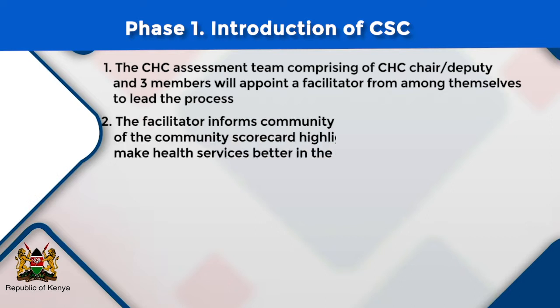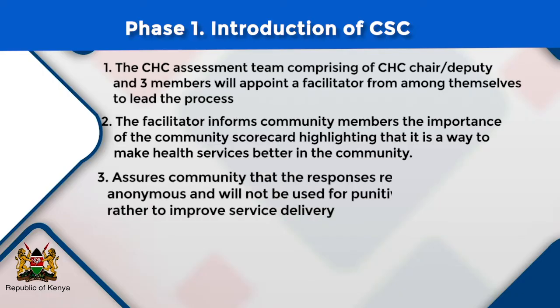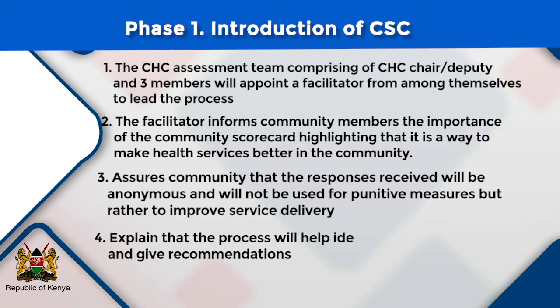The facilitator informs community members of the importance of the community scorecard, highlighting that it is a way to make health services better in the community. 3. Assures community that the responses received will be anonymous and will not be used for punitive measures but rather to improve service delivery. 4. Explain that the process will help identify the priority areas and give recommendations.